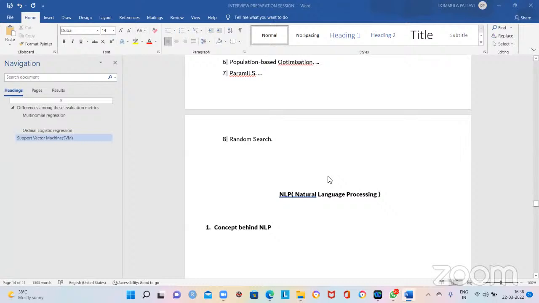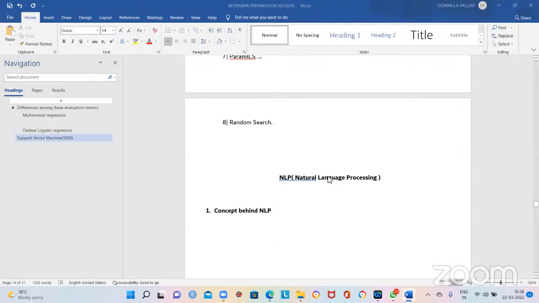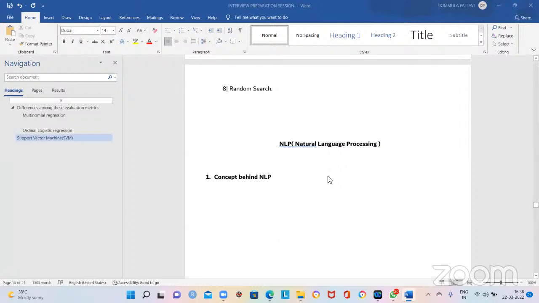NLP, natural language processing. Coming to the next question, what is the concept behind natural language processing? Mention in live chat.